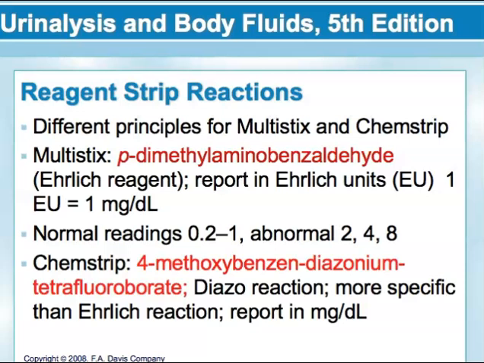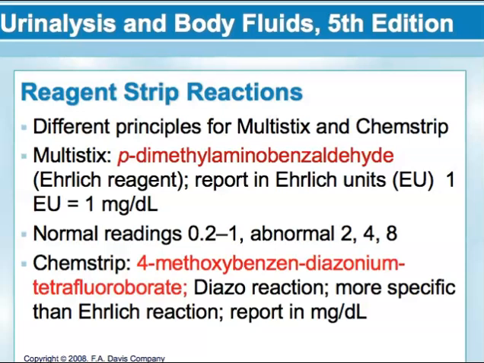So the Multistix reaction, urobilinogen reacts with the reagent in an acid environment to produce a color reaction ranging from light to dark pink, and the test is reported in Ehrlich units, where 1 Ehrlich unit is equivalent to 1 milligram per deciliter.